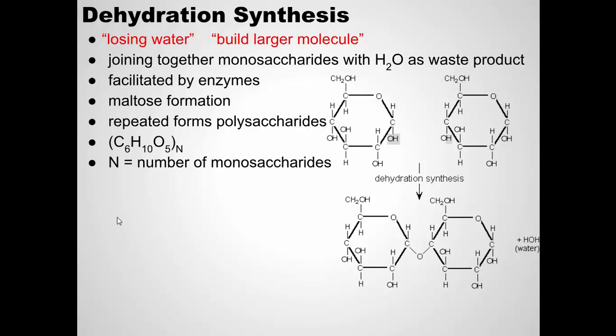The hydrogen from the other side gets stripped off. And we have a water molecule. And then this remaining oxygen just gets linked. So this bond gets linked to this oxygen, and then they're joined together. So the water was released, and now this is a disaccharide. So that's how they're produced.